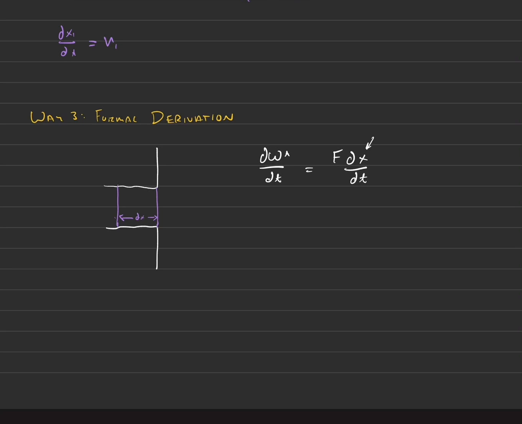And that's not true. And why that's not true is because this force, which we know, again, is pressure times area, is not constant. Even if area 1 and area 2 are constant, and this is x1, x2, the pressure 1 and pressure 2 is not constant.